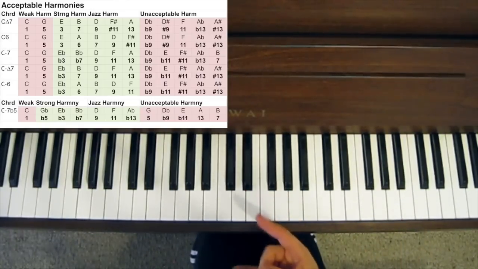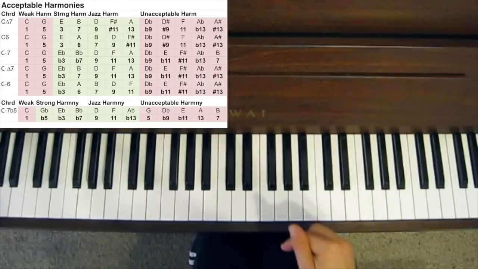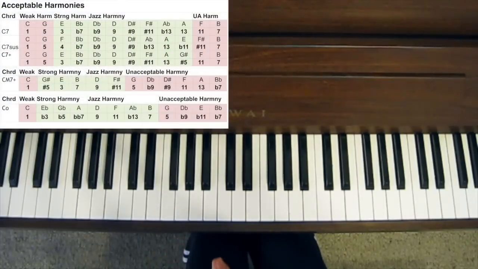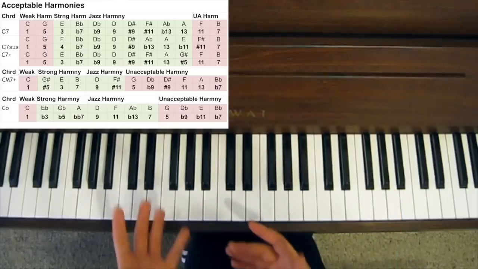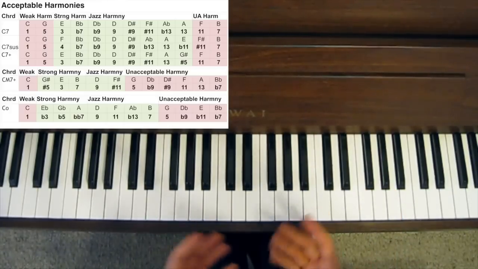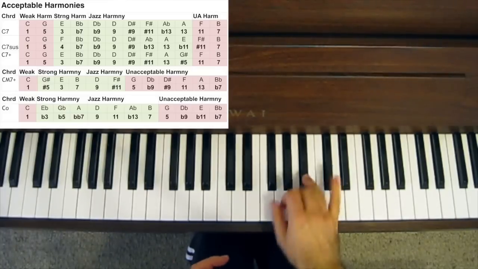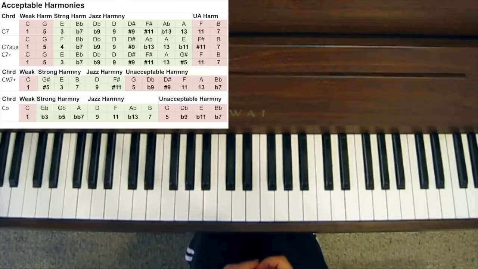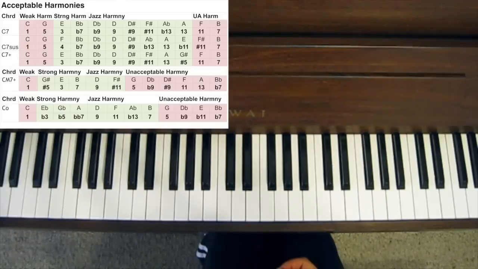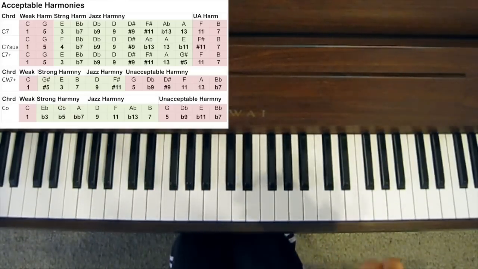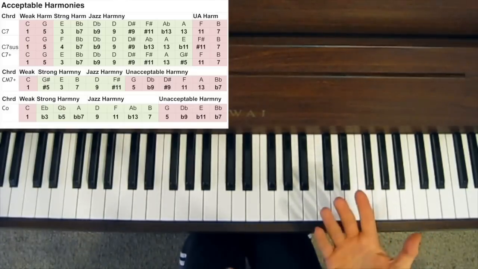And so up here in the picture-in-picture and in the link down in the description, I've listed a whole bunch of chord types, including dominant chords and suspended chords and minor major 7 chords and augmented chords and half diminished chords and full diminished chords, and essentially gone through every single note in an octave, all 12 notes, and listed them as either an acceptable harmony, and therefore colored green, or an unacceptable harmony, and therefore colored red.